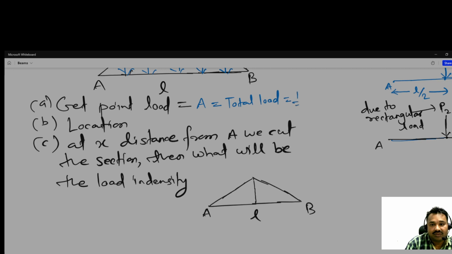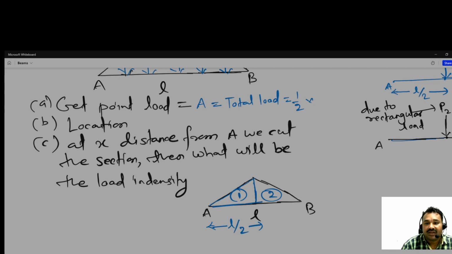It is symmetric, so two triangles are here, triangle 1 and triangle 2. For any triangle, we multiply this height with this distance, which is L by 2.